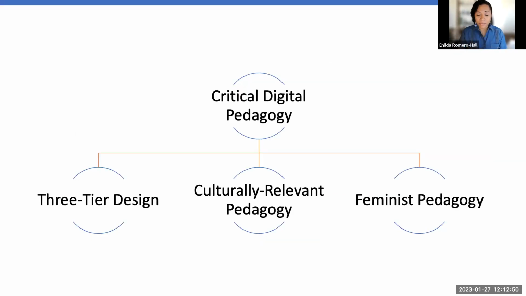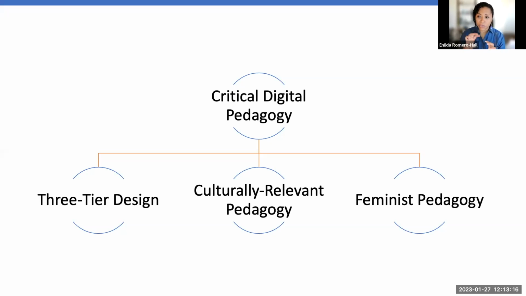So personally, I consider 3 elements in my critical digital pedagogy. First is the 3-tier design approach, which is what I'm going to cover today during the presentation. I also consider elements of culturally relevant pedagogy, because culture is such an important part of me in terms of being an instructor and an academic.